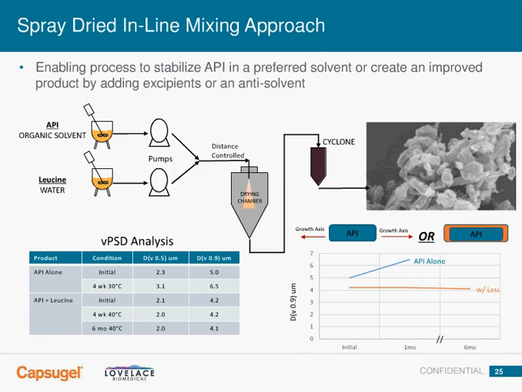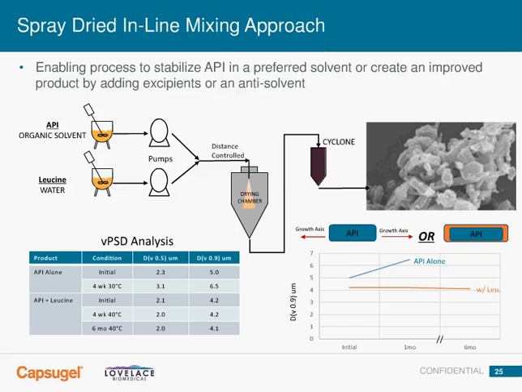So one of those is just a simple inline mixing approach. We've used this to deal with compounds where we want to take advantage of a nice surface modifying excipient like leucine, or coupled with a compound that might have water instability issues.